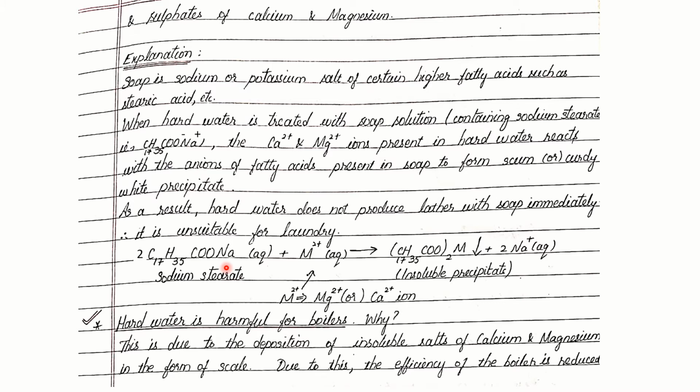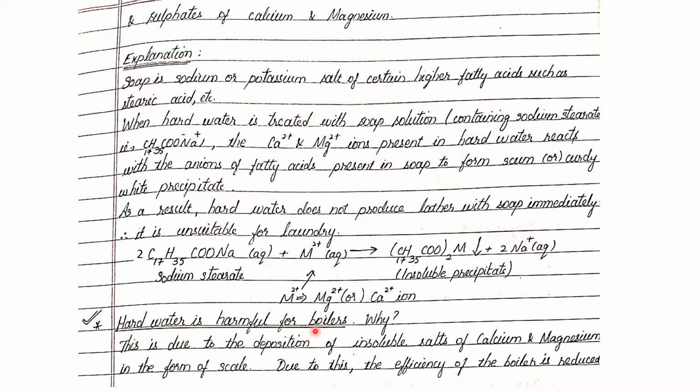Okay, so what prevents hard water from producing lather with soap? The insoluble curdy white precipitate formed by the reaction of calcium or magnesium ions of hard water with the anion of sodium stearate present in soap solution prevents the formation of lather. Now, let's look at the second case.